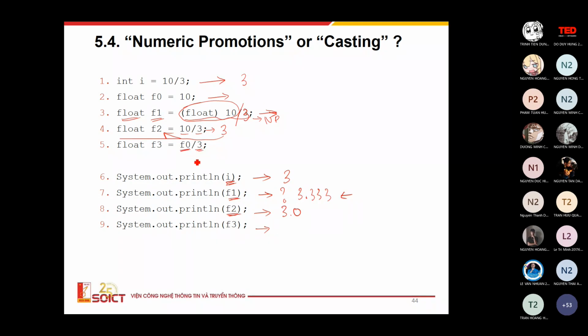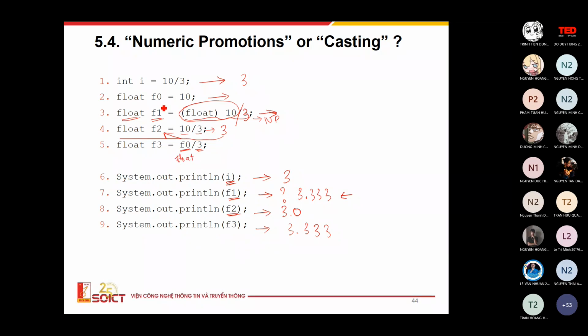F3. It's 3.3333. Yeah, why? Because the variable F0 is of type float.